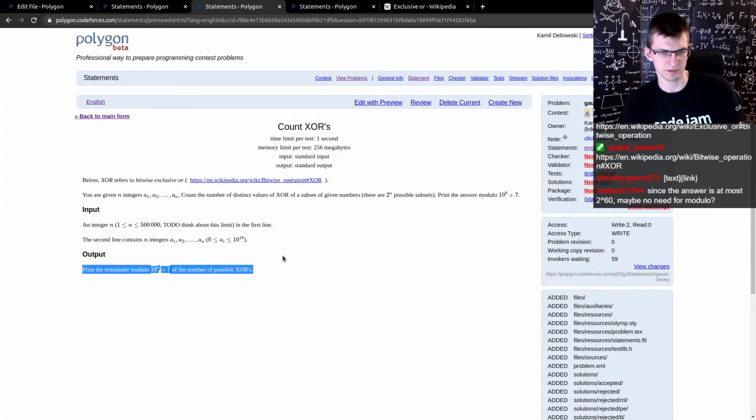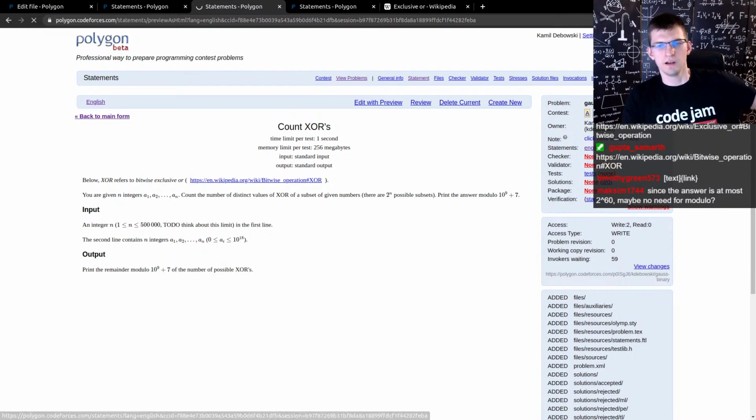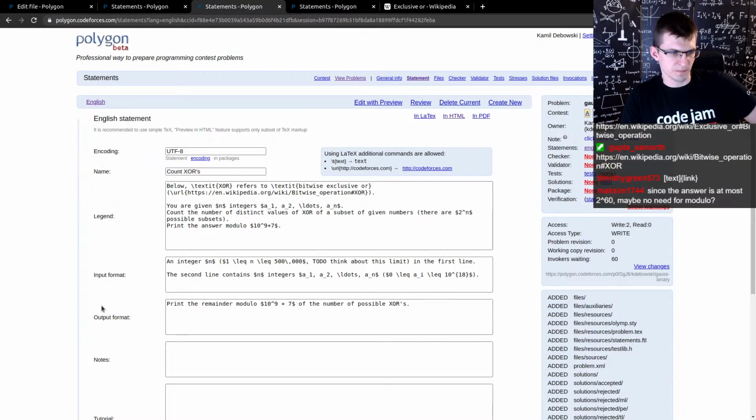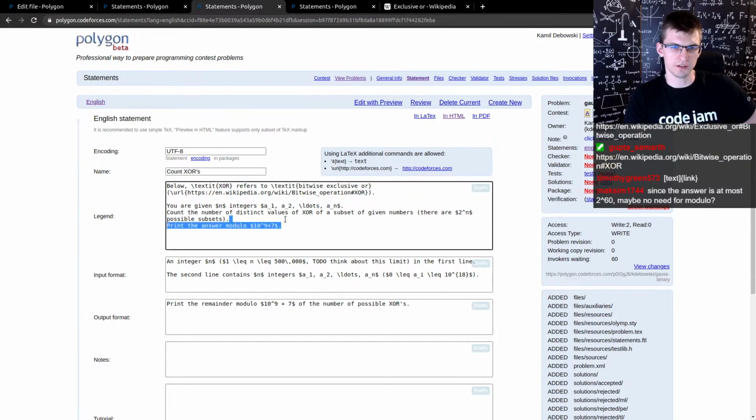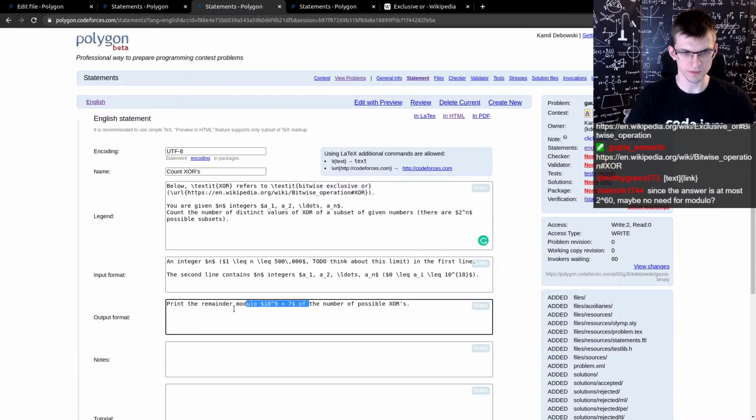The number of possible XORs. I think the statement is fine. Since the answer is at most this, good point. Yeah, we don't need it. Thank you. Print the number of possible XORs.